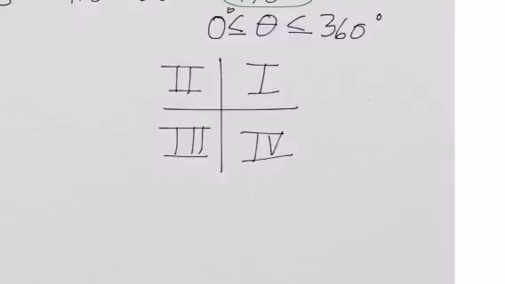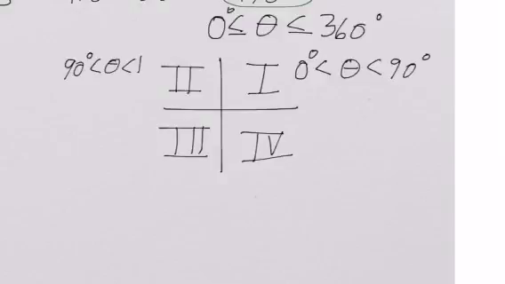So if it's in the first quadrant, you're going to have 0 less than theta less than 90. Note that we can't have less than or equal to because that would be on the axis and therefore technically not in the quadrant. Likewise, in the second quadrant, 90 less than theta less than 180.